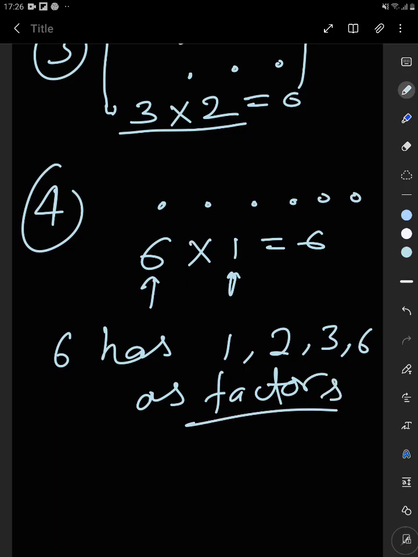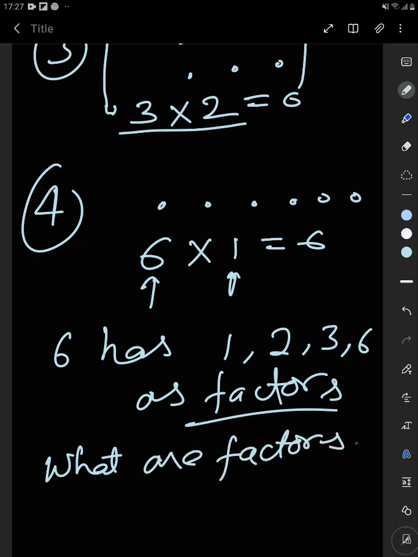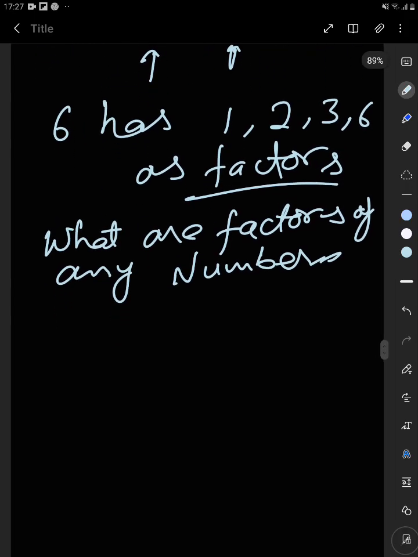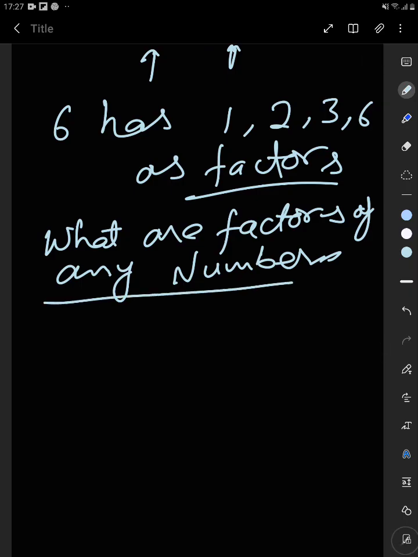So what are the factors? If we define the factors of any number, a factor of a number is an exact divisor of that number.